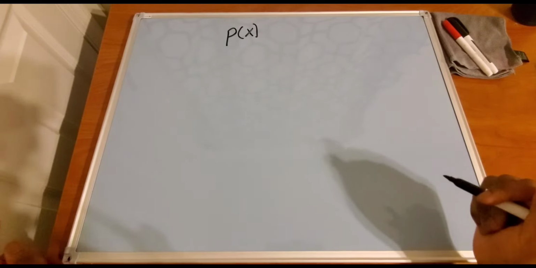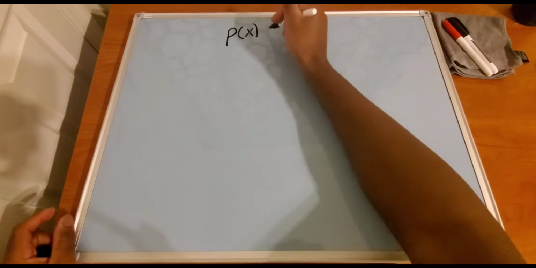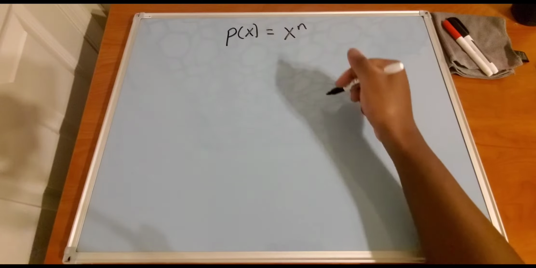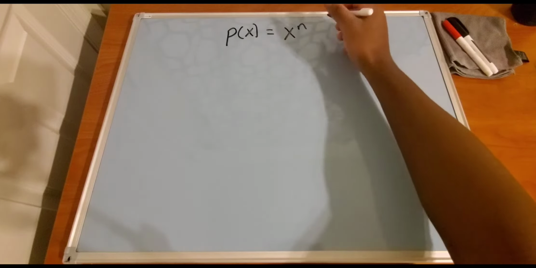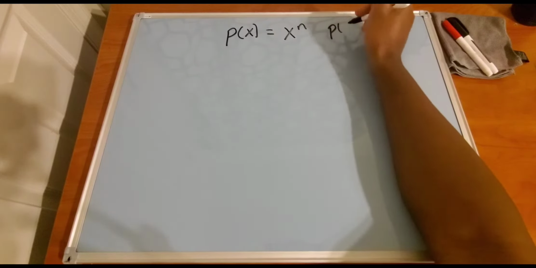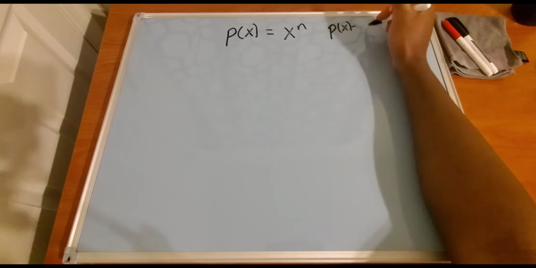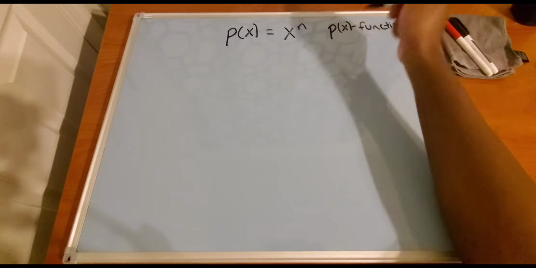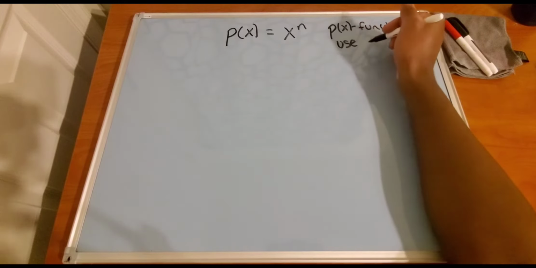So let's say we have a given function p of x that is equal to x raised to some number. Let's define our variables here. p of x, we'll just call that the function that we will use the power rule on.